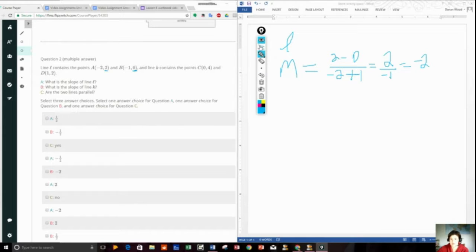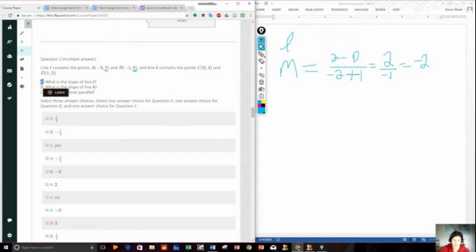That's our answer for A. So I'm looking for -2. Not 1/2, not -1/2, but -2. Alright, now we're going to find the slope of line K.